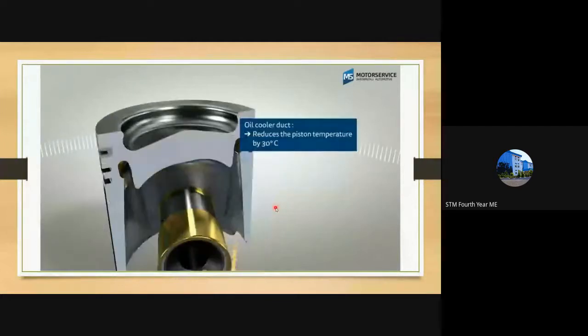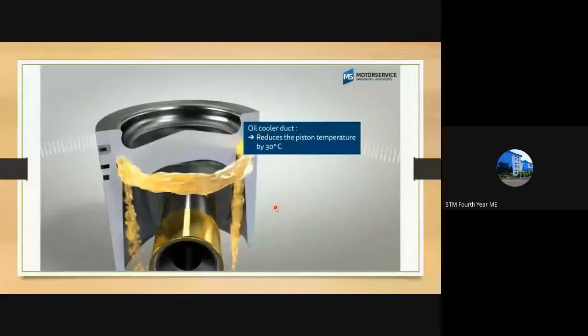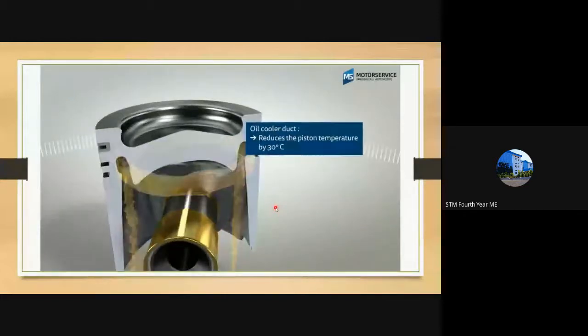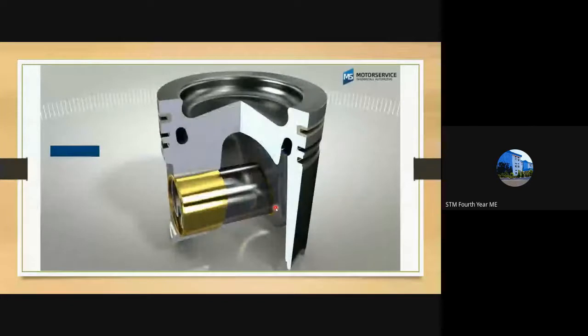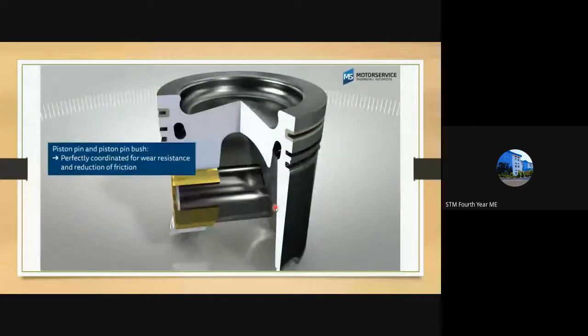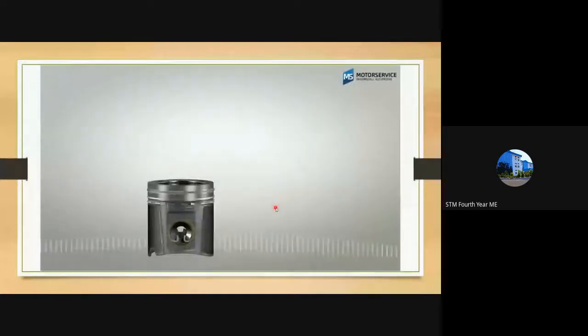Okay, this is how the oil is supplied inside the piston. The piston is also a mechanical component, so when moving inside, friction is generated. To reduce that friction, oil is supplied.